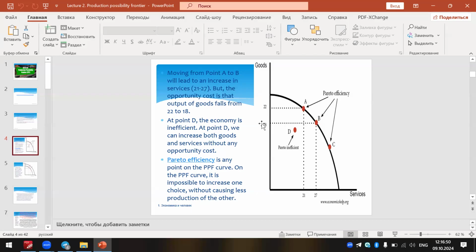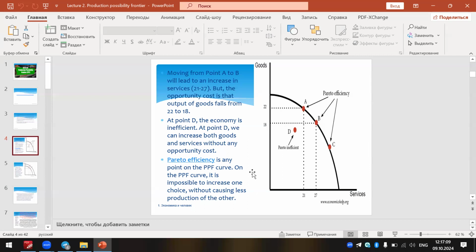So it means at point D, the economy is inefficient. At point D, we can increase both goods and services without any opportunity cost.